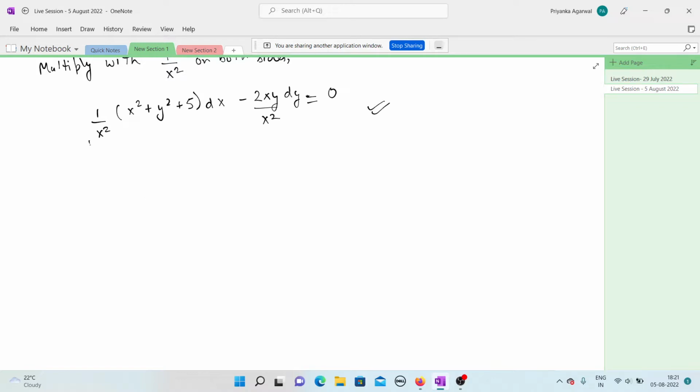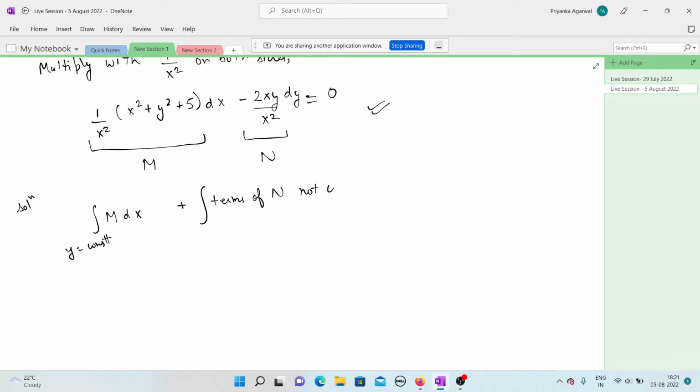So this entire term will be M and this entire term will be N, and the solution for the exact differential equation will be the integral of M dx, where we treat y as constant, plus the integral of the terms of N not containing x, dy, equals some constant.